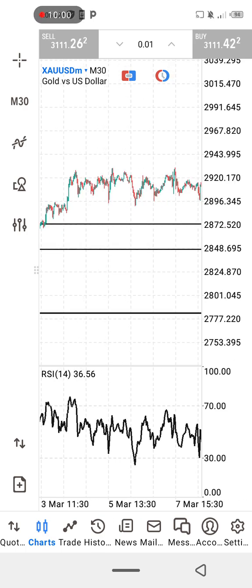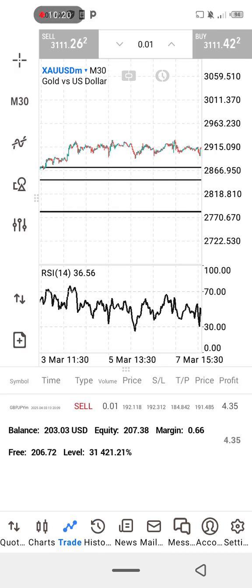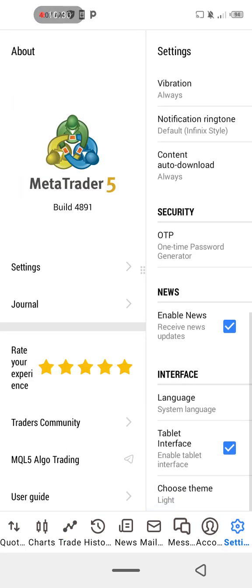So this has been a trade I took on the news earlier today, and I was very profitable. This has been a $50 account, and I'm currently on a trade. I started the account with $50. Let me show you proof.